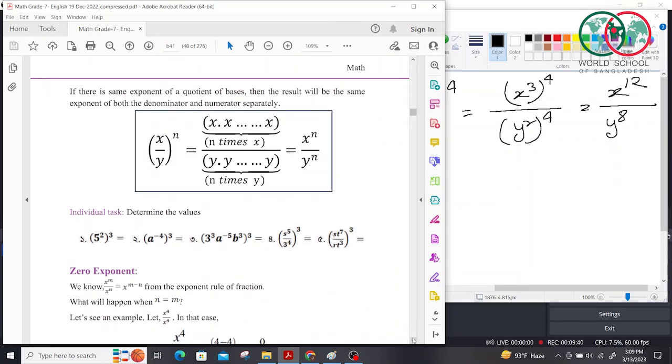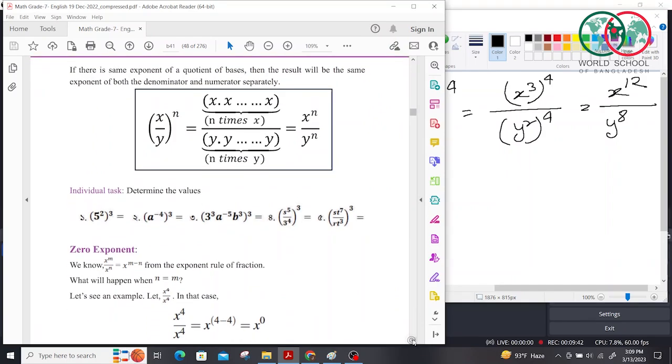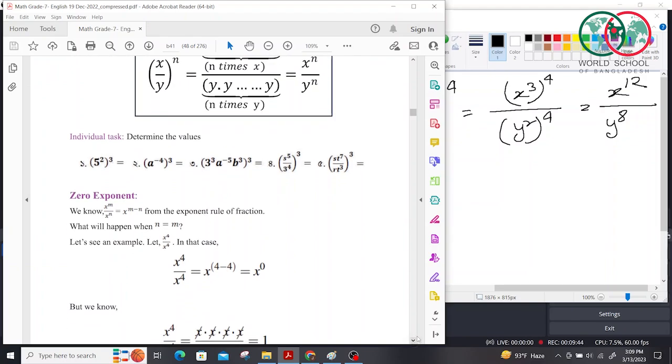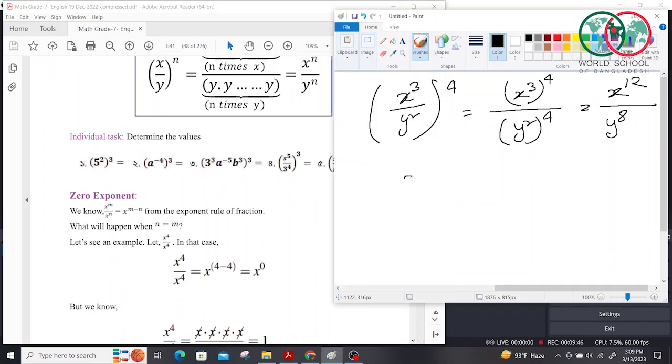Okay, zero rule. What is the zero rule? We already know that x to the power m divided by x to the power n can be written as x to the power m minus n. Suppose m and n are the same, that means we are given x to the power 4 divided by x to the power 4. Then what will be the answer?